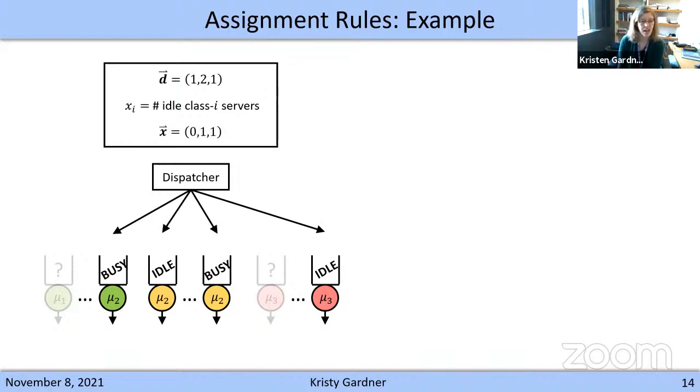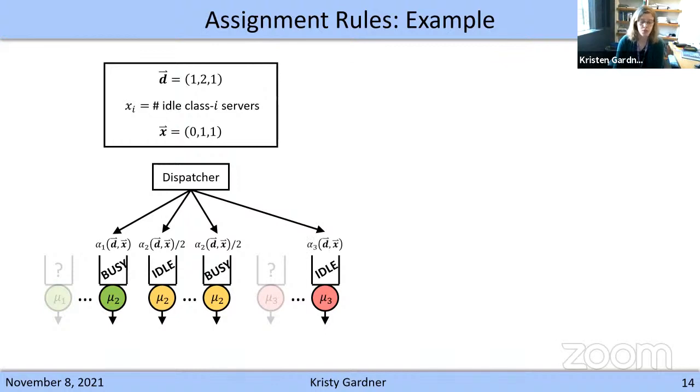This vector tells us how many idle servers there are in each class in the query. So now, what do we do with this information? Well, based on the query mix that we've queried and based on the information that we got back about the idle status of the servers, we are probabilistically going to assign the job to one of the servers.